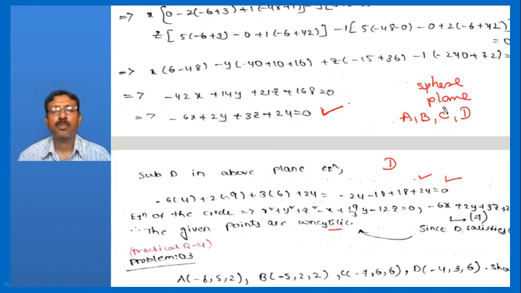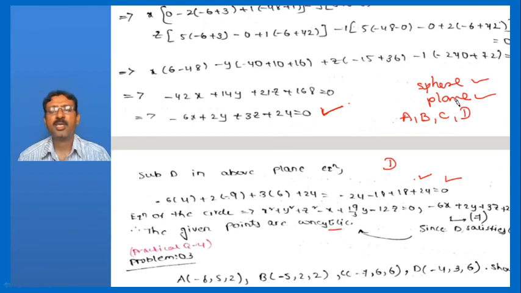Therefore, plane and sphere. If we take the section of the plane and sphere, we get a circle. On the circle we have the points A, B, C, D. So the points A, B, C, D lie on the circle also. Why? Because A, B, C, D lie on the sphere and plane.